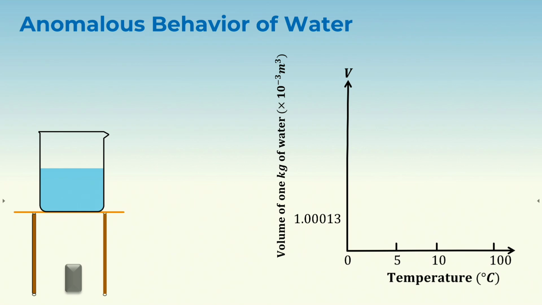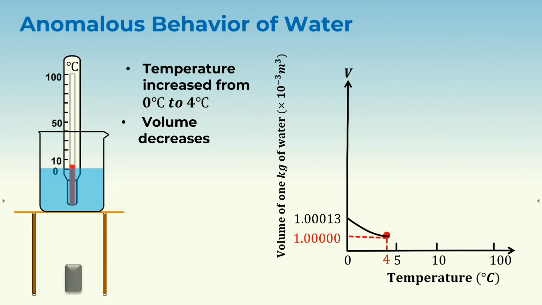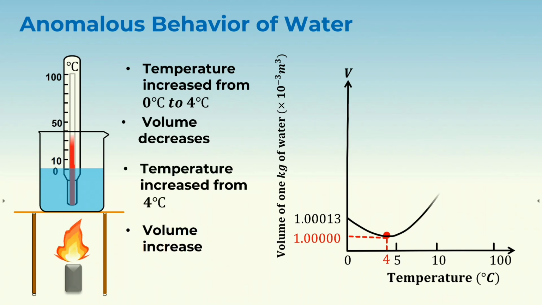Okay, coming back. So if I draw the graph of volume versus temperature for water, it has shown a very peculiar behavior. You know what? The volume of water started reducing from 0 degree to 4 degree. And beyond that, like normal liquids, if temperature was increasing, its volume also started to increase.